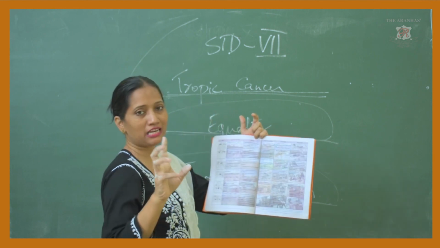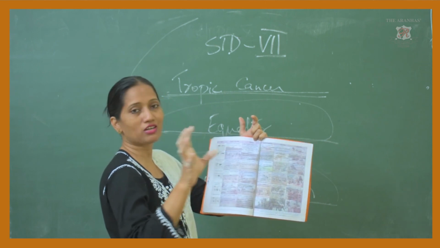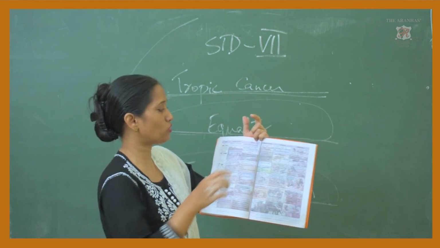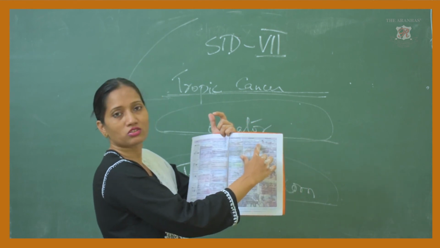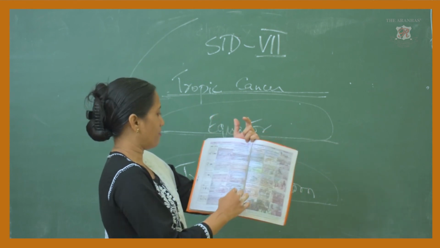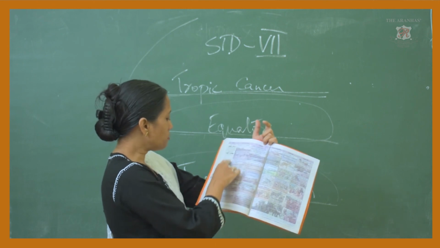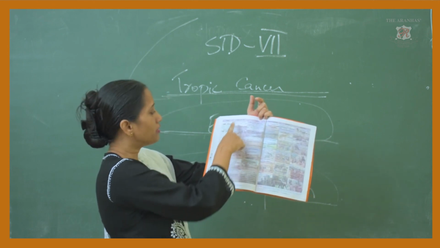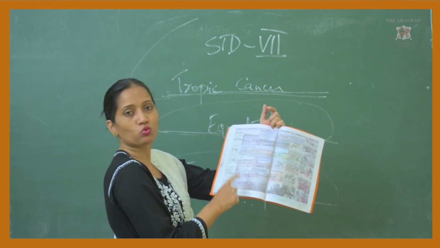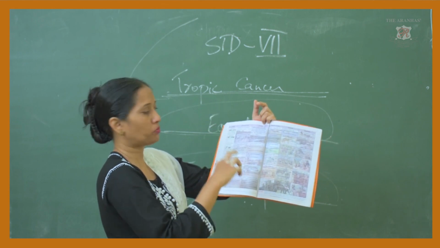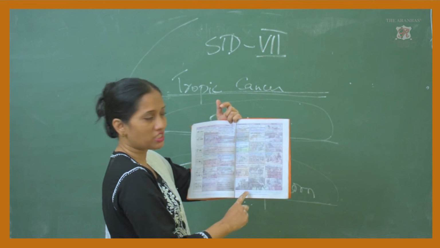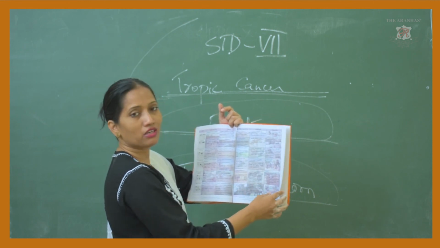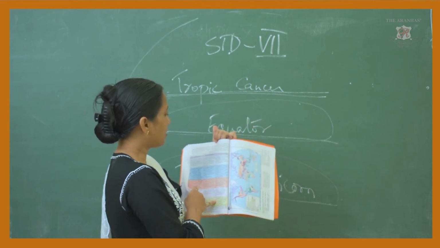So the region does not consist only of human life. It also consists of natural vegetation and animal life. The names of the regions are given, and the location is given as to which region is from which point to which point. Then the climatic conditions are given, natural vegetation is given, animal life is given, human life is given.